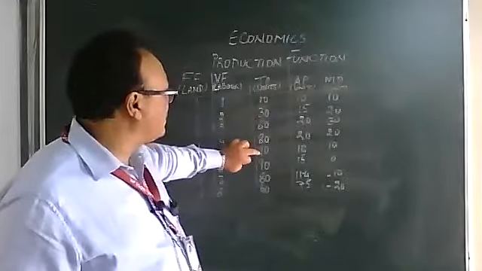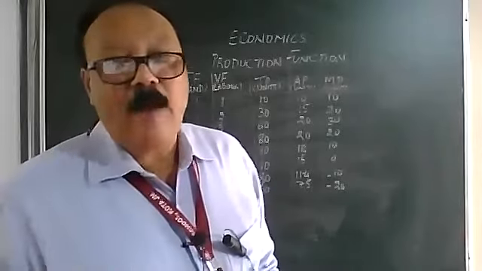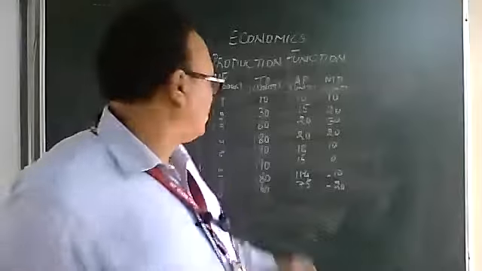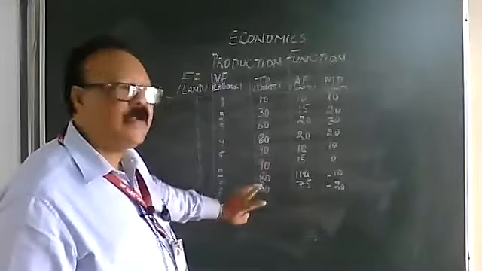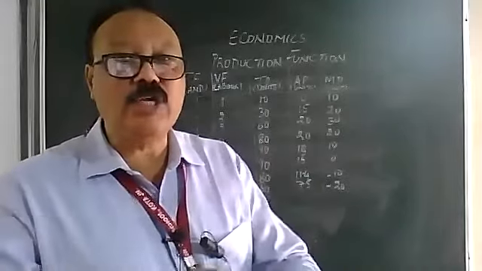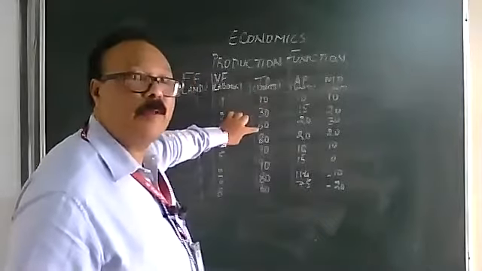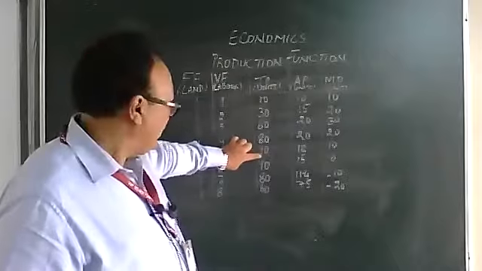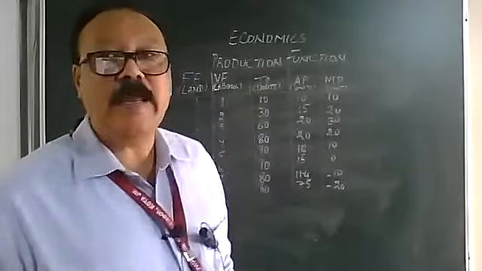Then after some time a maximum point is reached, and from there it starts declining. So TP initially increases at an increasing rate, then at a decreasing rate, reaches its maximum, and then starts declining.